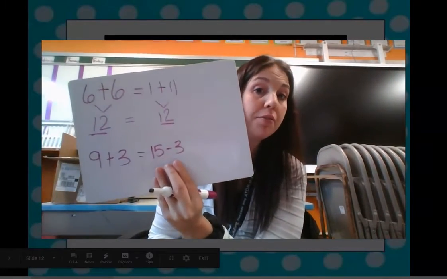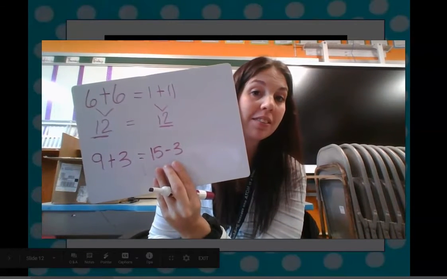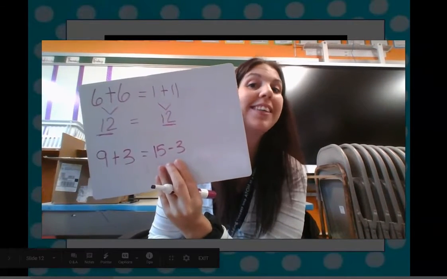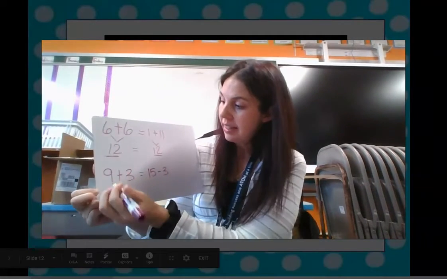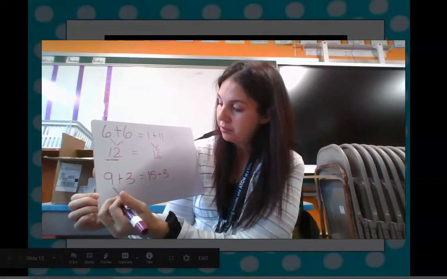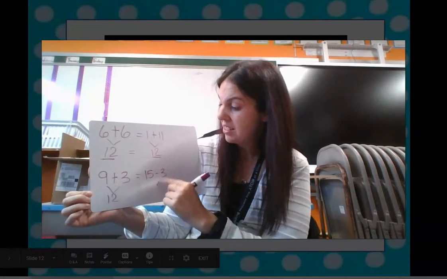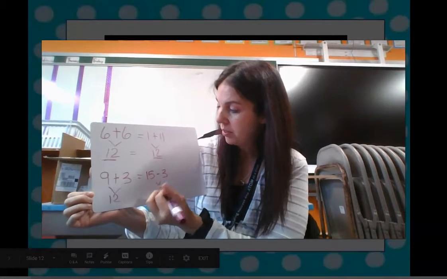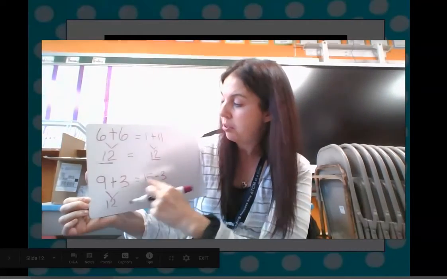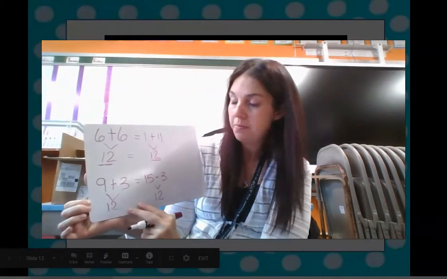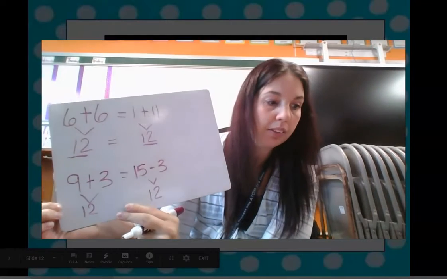Does that equal 12? Do the math. Yes, it does. It equals 12. So 9 plus 3 equals 12. 15 minus 3 equals 12. So these two equations are equal. They both equal 12. You see that? They both equal 12.